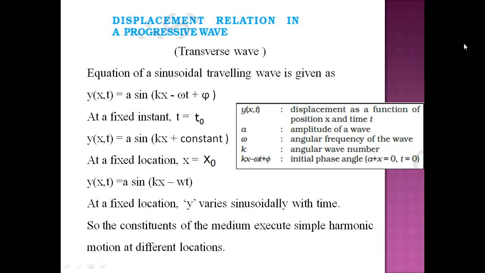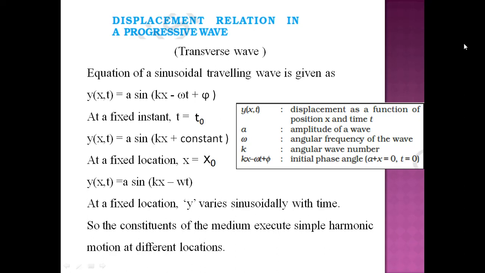So when the time is fixed, if you keep time constant at t0, then the equation changes from y(x,t) to A sin(kx + constant). That means ωt and φ together we keep as a constant.